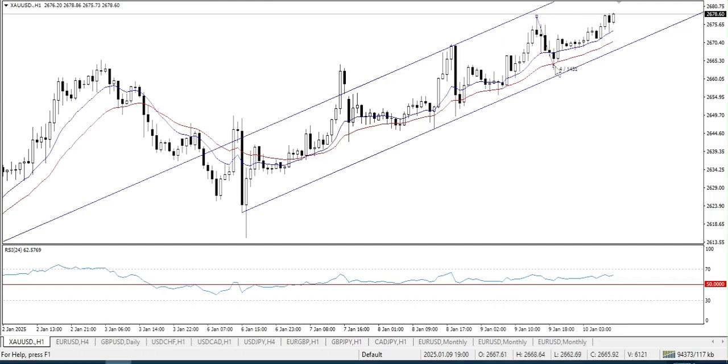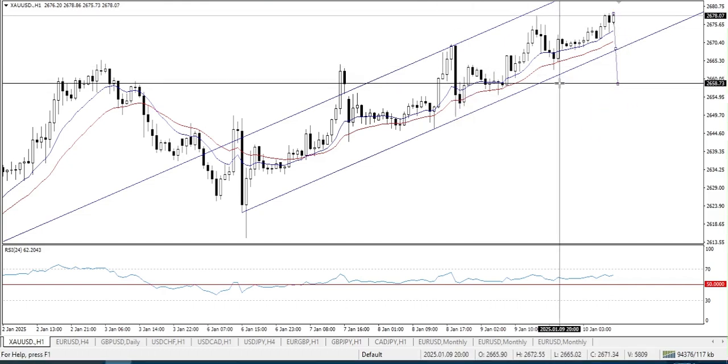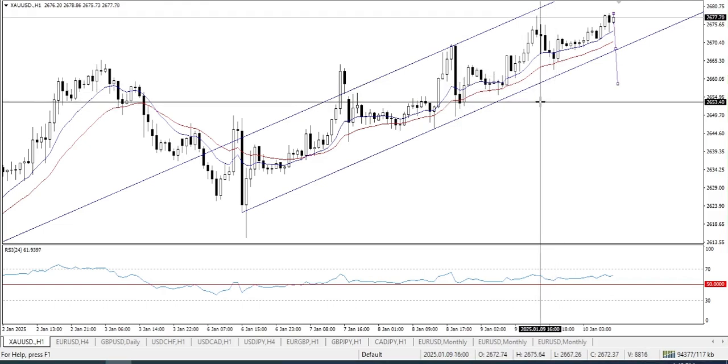This is the smallest possible swing you can see inside this channel. This was slightly bigger, and these two were even bigger. So a swing to the downside equal to this one can easily be expected. So it will send it to 2659. So that's all in this video.